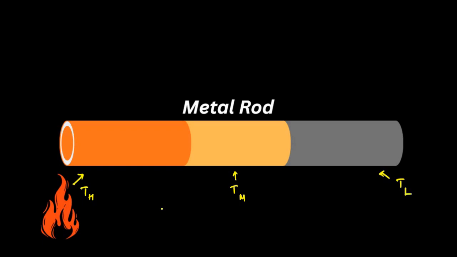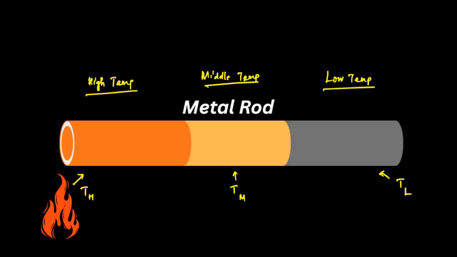So this is the high temperature side, or the high temperature section. This is the middle temperature section or the intermediate temperature section, and this is the low temperature section. Now as time progresses, the temperature of each section starts increasing.